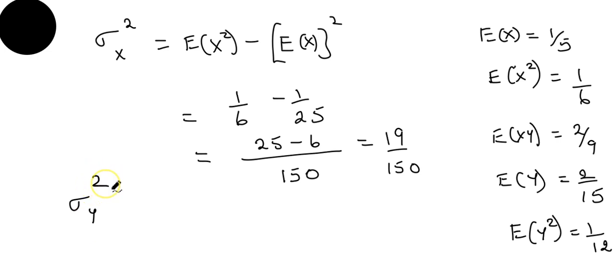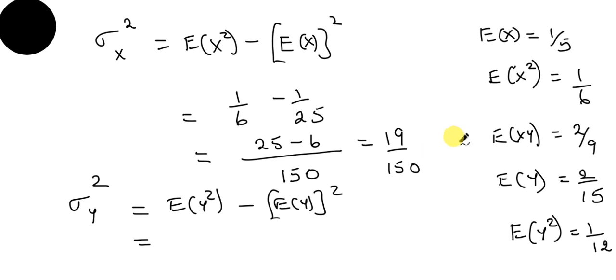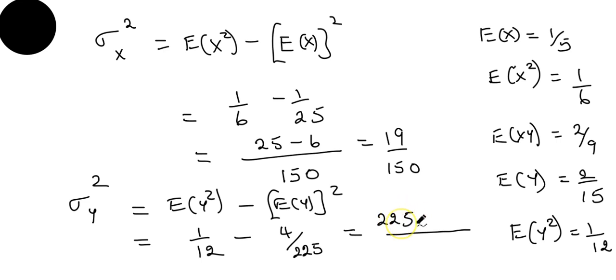Similarly, I will find sigma y squared. My sigma y squared is now going to be E of y squared minus E of y the whole squared, which is 1 by 12 minus 4 divided by 15 squared. 15 squared is 225. So this will be again a huge number, which will be 225 minus 48 divided by 12 into 225.